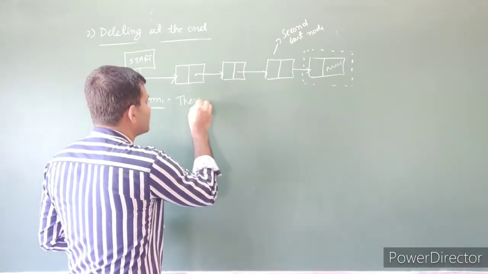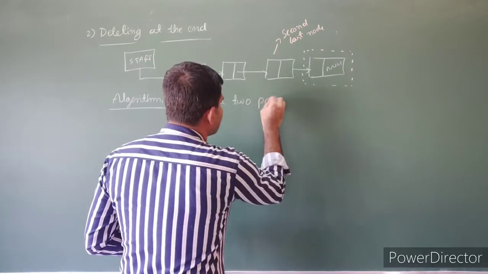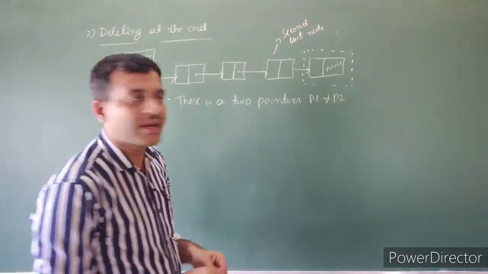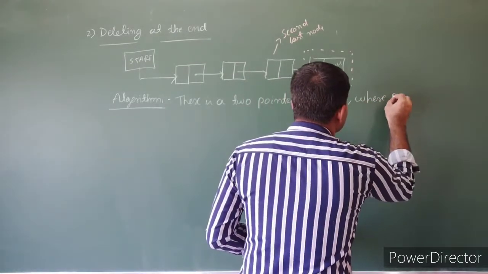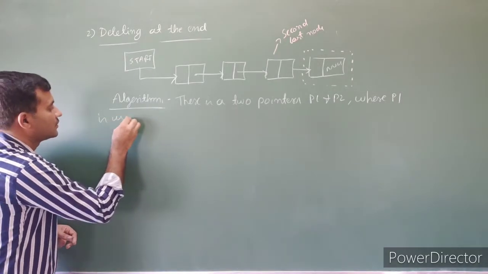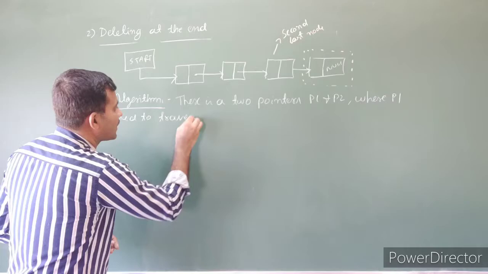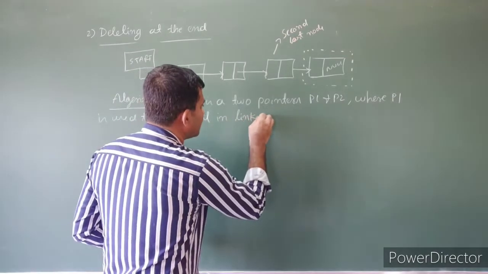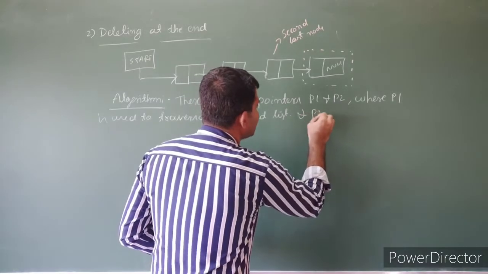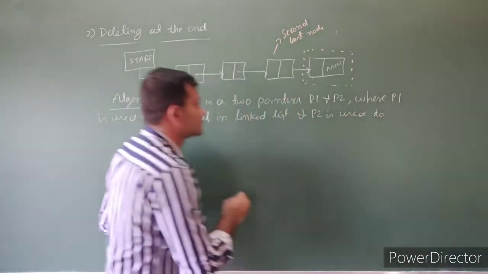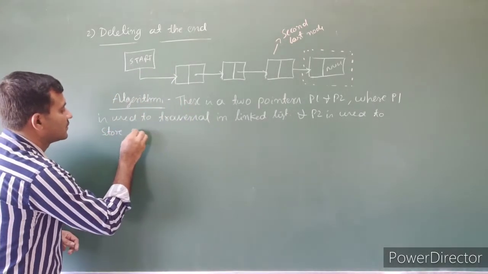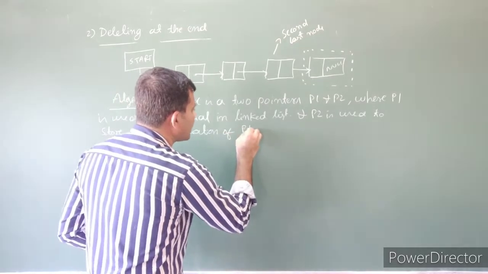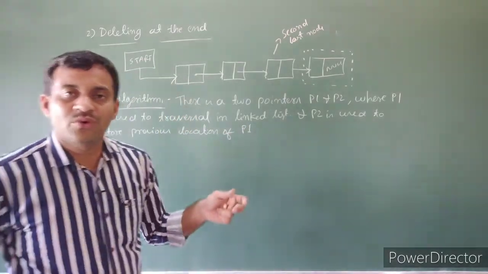Here there are two pointers, P1 and P2. P1 is used to traverse the linked list, and P2 is used to store the previous location of P1.